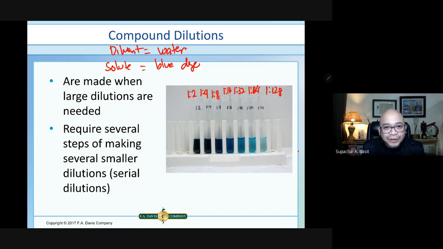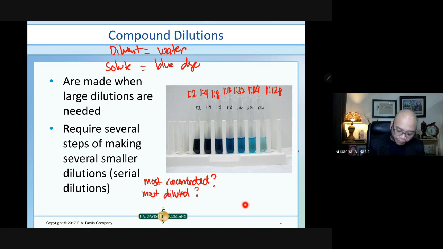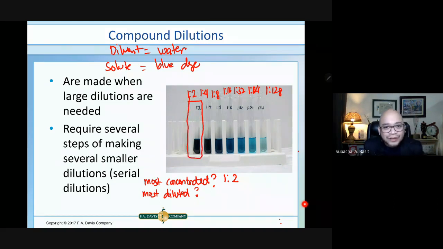So the question is, what is the most concentrated solution? What is the most diluted? The most concentrated is 1:2, because when you say 1:2, the amount of diluent is twice as much as the amount of the solute.